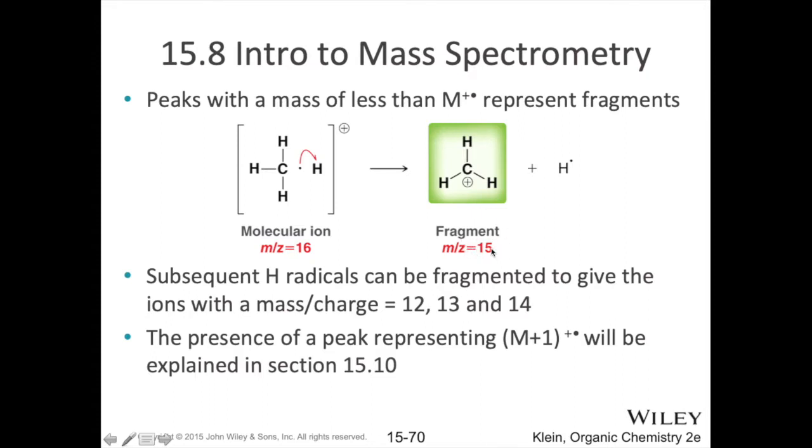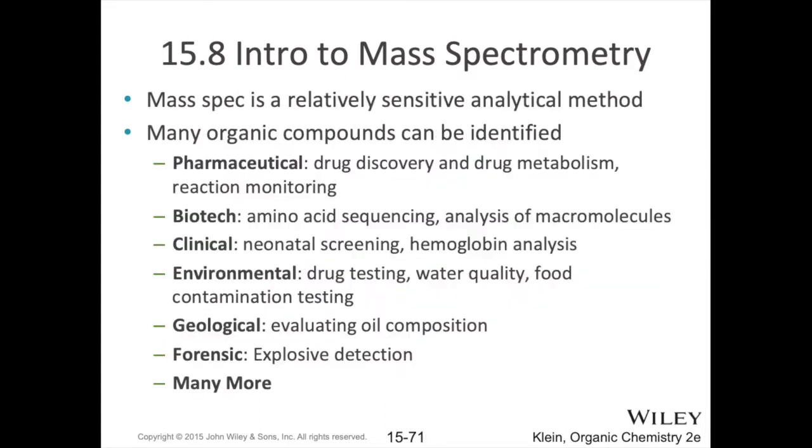Likewise, you can keep on fragmenting off hydrogens, and we will see peaks accordingly at 12, 13, and 14. At 12, we're dealing with just a carbon atom, rather a positively charged carbon atom.